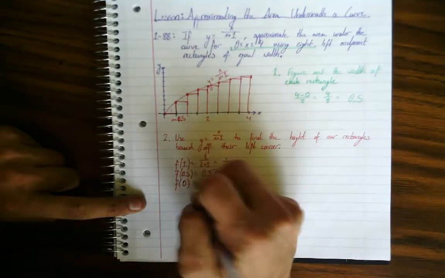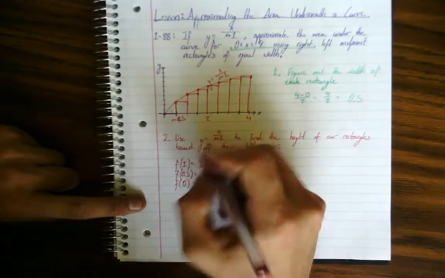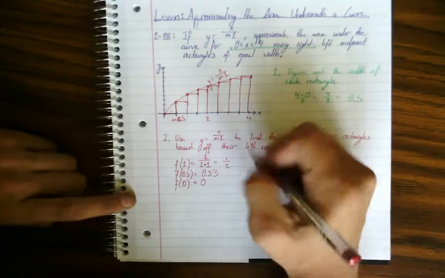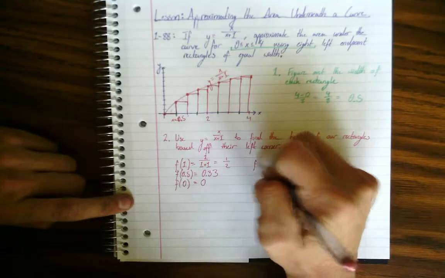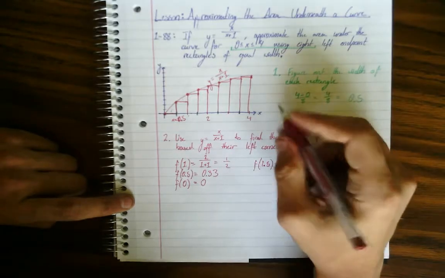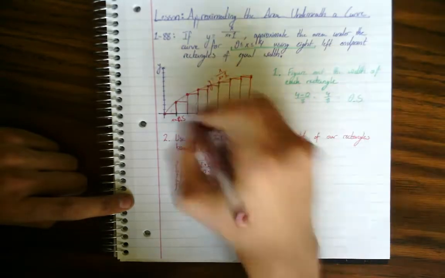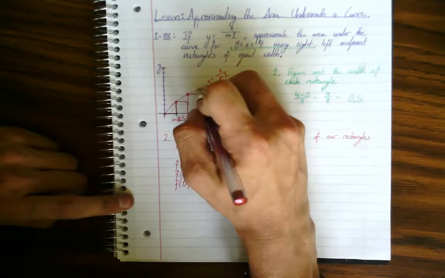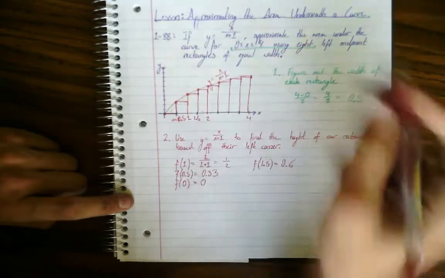So f of 0 is going to be 0, since 0 over 0 plus 1 is 0. We have f of 1.5, which is going to give us 0.6. So that's talking about this height. This height right here is defining this whole rectangle.